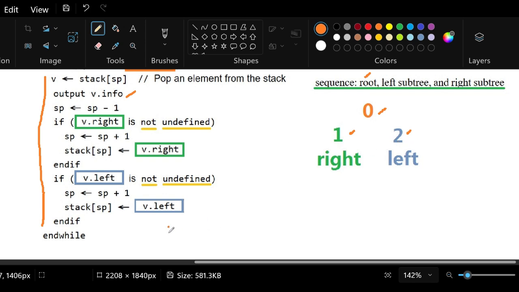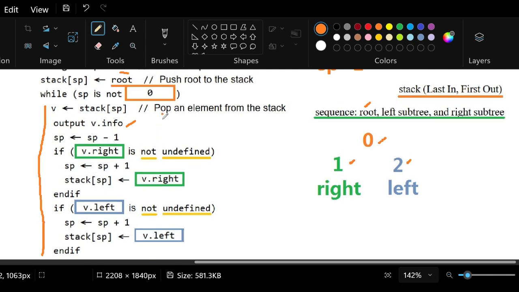Now once we've done that, we have to go back to the while loop and it's asking whether SP is not 0, or is it 0? Currently it's at 2, so it's not 0, and we have to go into the loop again and pop an element from the stack, which is currently the left.